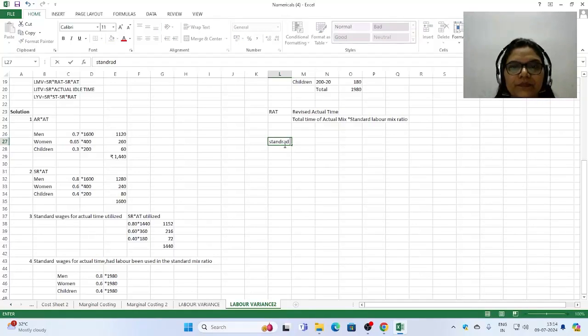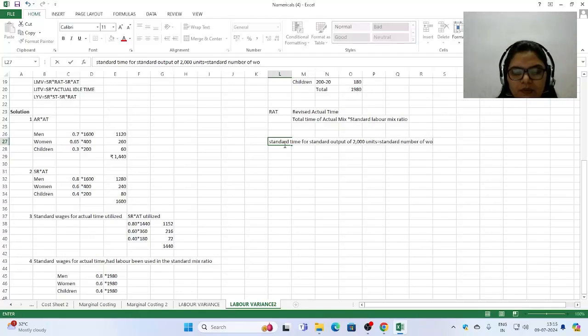Standard time for standard output of 2000 units is equal to standard number of workers into normal hours per week, that is, standard number of workers multiplied by normal hours per week.